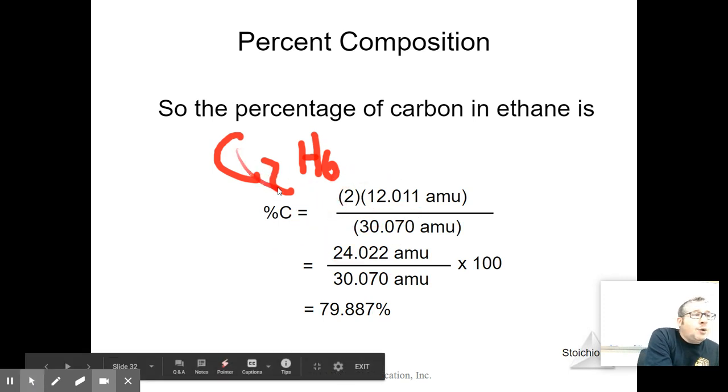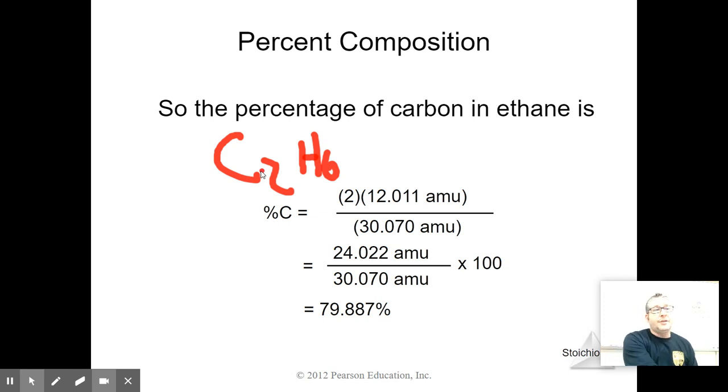There are 2 carbons in a molecule of ethane. So we take the number of atoms present, that's 2, multiply it by the atomic mass of that particular element, carbon in this case. If they didn't use the rounded numbers, still feel free to use the rounded numbers. And we divide that by the overall molecular weight of the compound ethane.